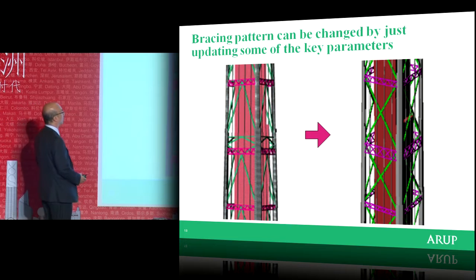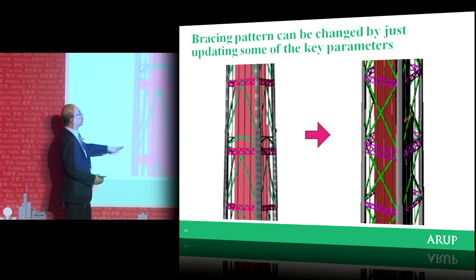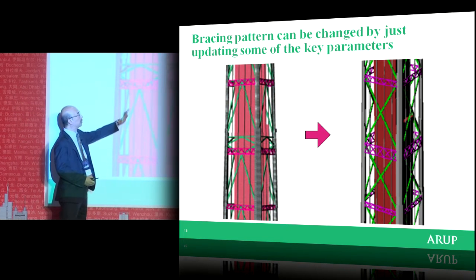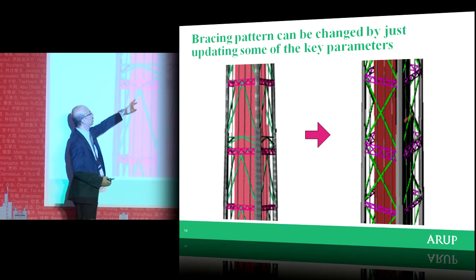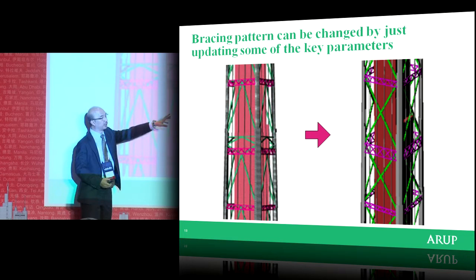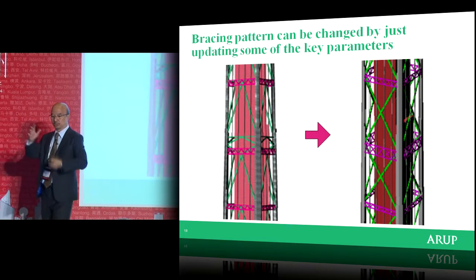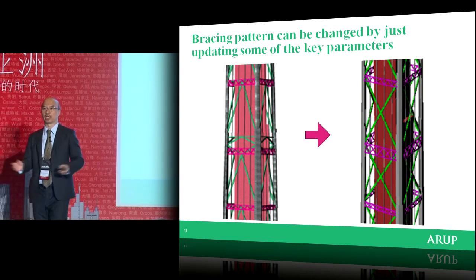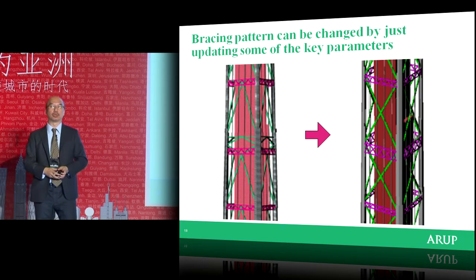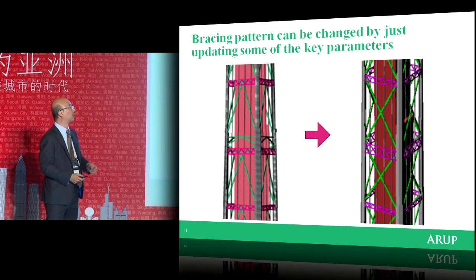For example, this is an example we saw, the bracing pattern and how to connect it. You can change it very easily. What we need is, say, the column we don't need to change, we just change the bracing pattern, then we just change the variable and we get a new structure.